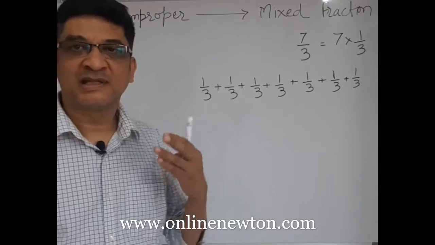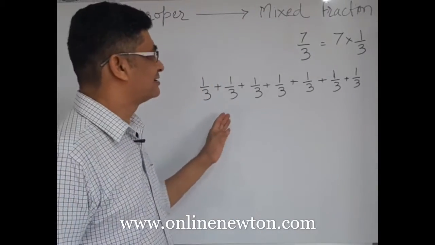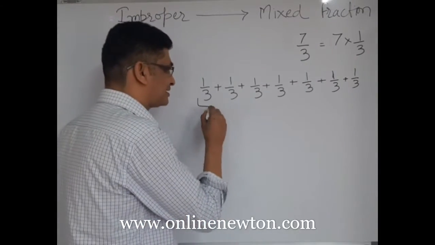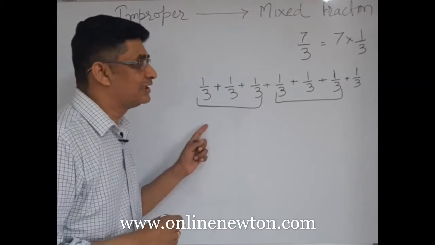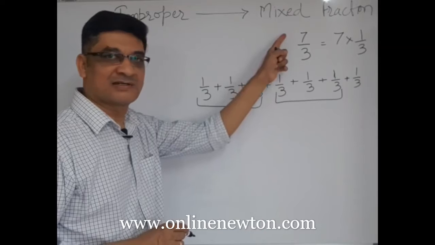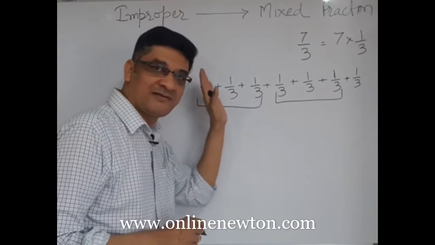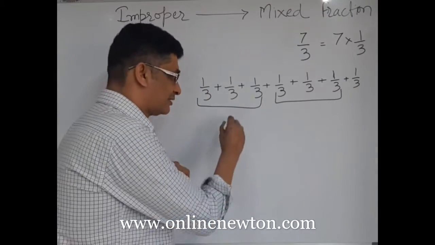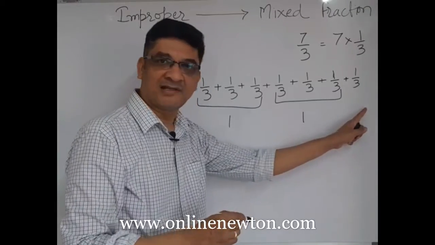When we have to do this mathematically, when we are clubbing these 3 pieces and these 3 pieces, we are actually dividing 7 by 3, because 7 by 3 is nothing but 7 divided by 3. So these 3 is 1, these 3 is 1 more, and 1 by 3.